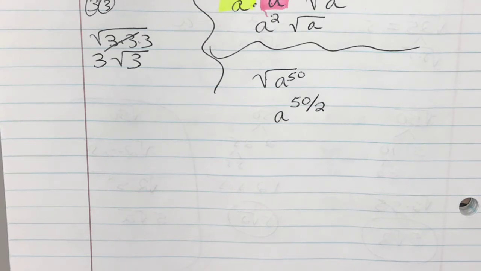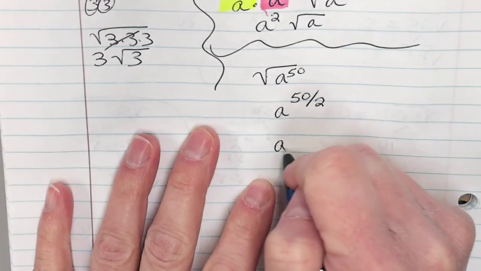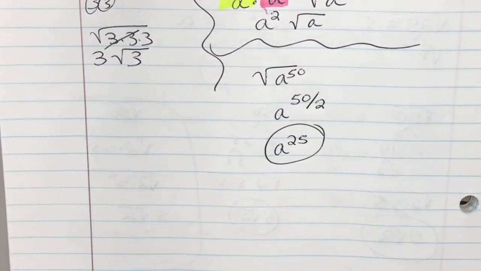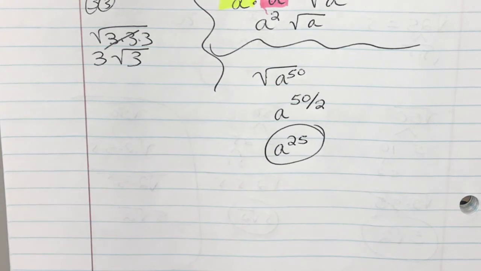So when you're playing with a variable with a power on it inside of a root, cut that power in half. 50 divided by 2, that's A to the 25th, and it's done. Now think about that. If I've got 50 letter A's on my paper, how many groups of 2 can I make?